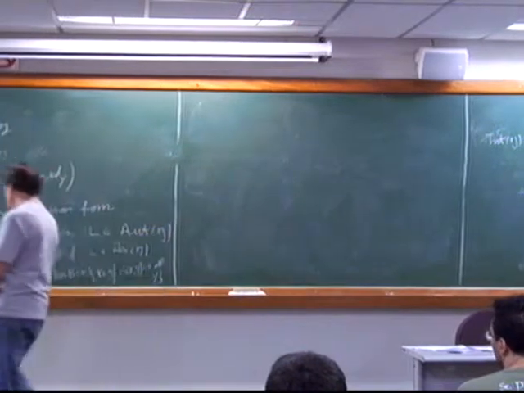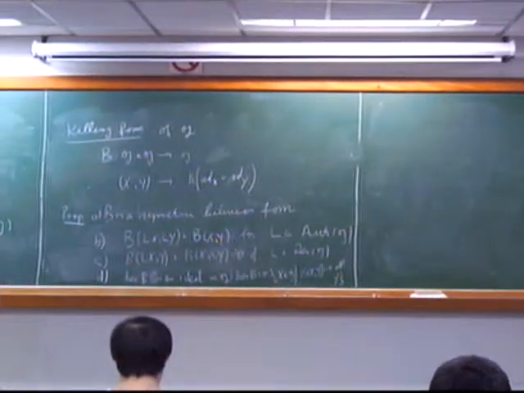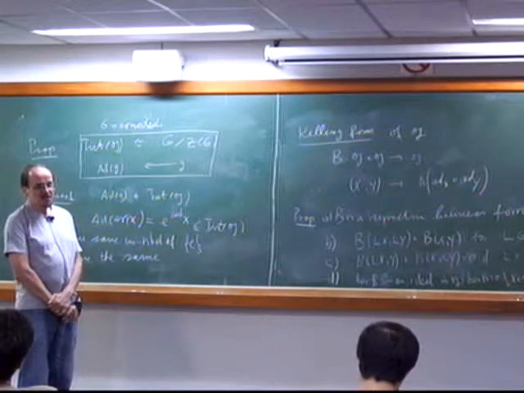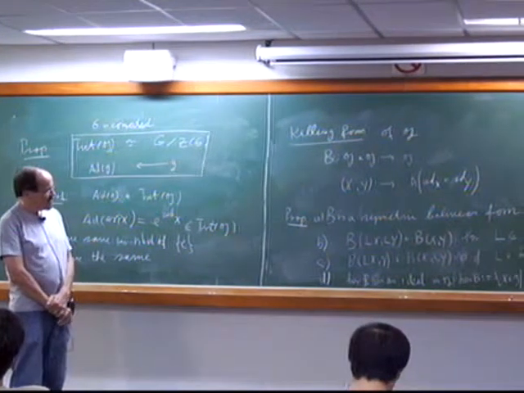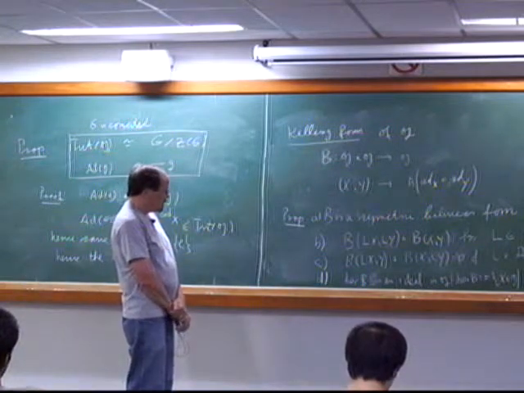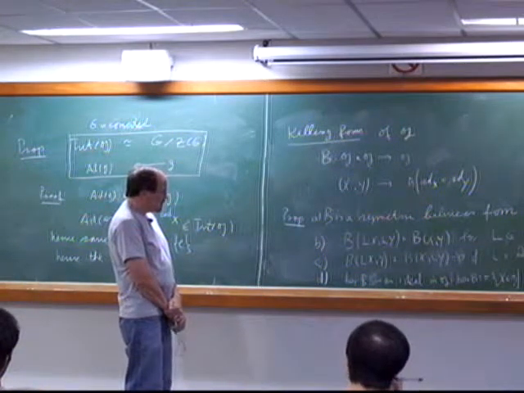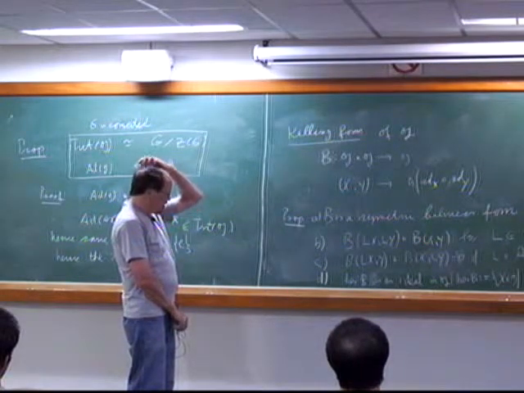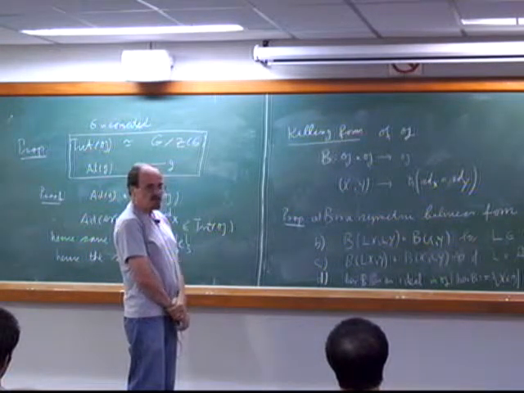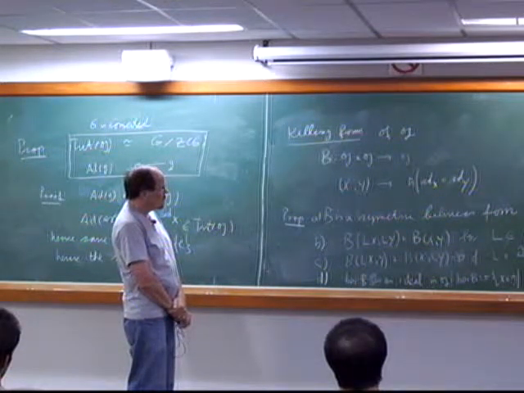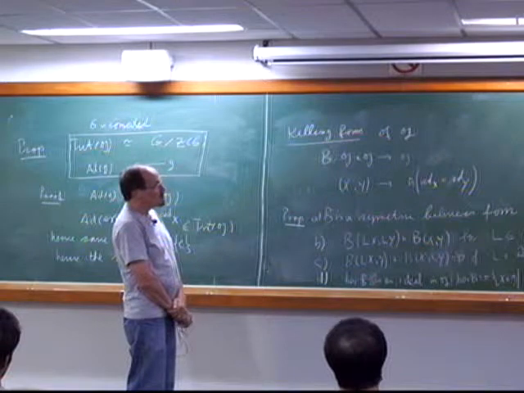In fact, it's an interesting problem to characterize those Lie algebras where the killing form is 0. That's not so easy. What Lie algebras have this property, killing form is 0? I don't remember if there's a good characterization of it. So one thing that we'll see easily later on, nilpotent Lie algebras have this property, killing form is 0. But not all of them.